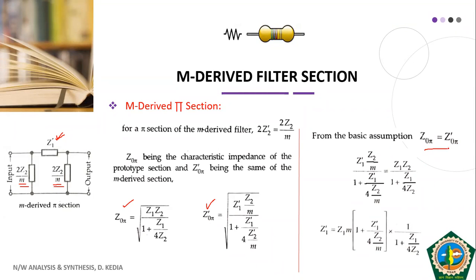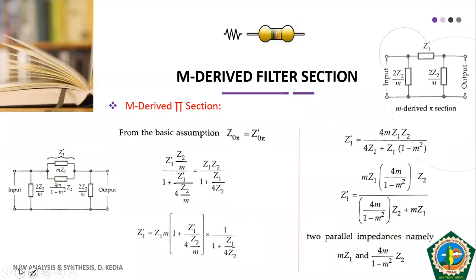If we make them equal, we can find the value of Z1 dash, that is the new value of series impedance in the M-derived pi section. This is what we had discussed in the previous class. Further, in M-derived pi section, we have obtained the expressions by making characteristic impedance equal.